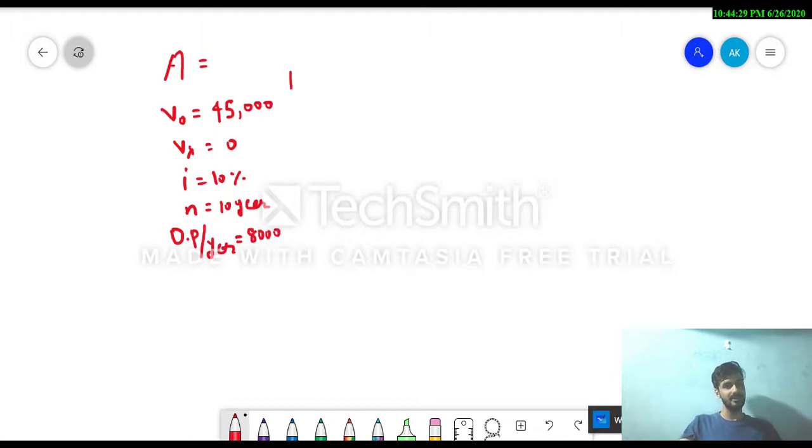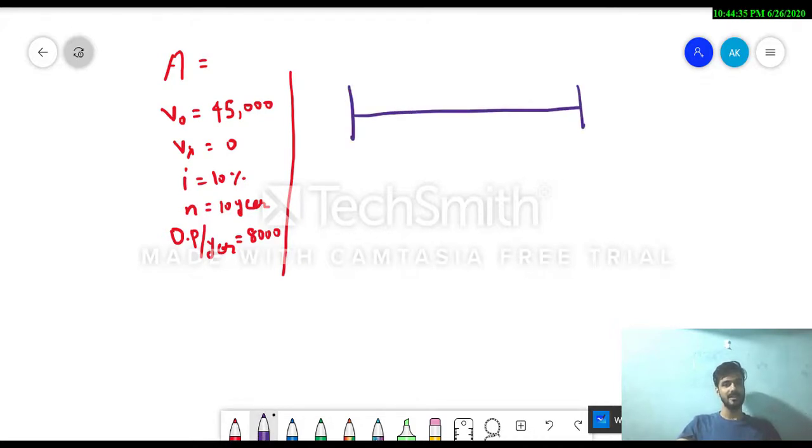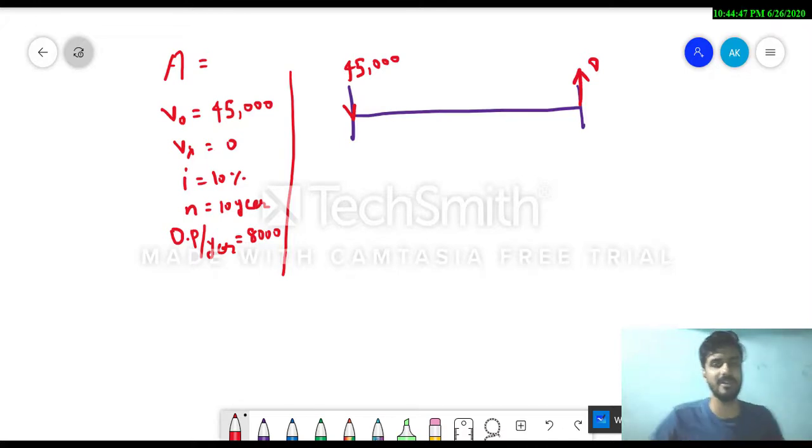Okay, now how do we use the annualized cost method? If you draw the timeline for this particular asset, what will you see here? Actually you are going to invest 45,000 rupees, and here you are getting a salvage value of 0. You can get any salvage value, but to make the complicated calculation very easy, I am taking the salvage value as 0.